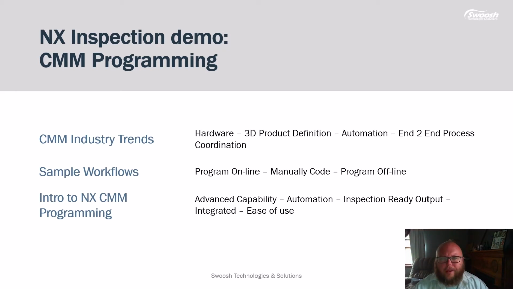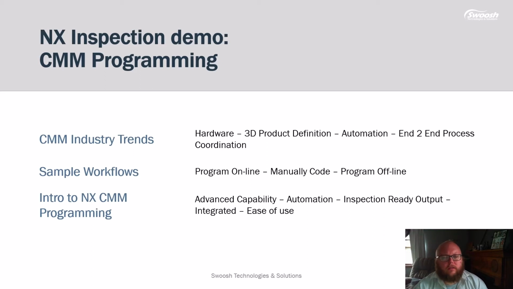So before we get hands-on and looking at how the module actually works, we just want to talk a little bit about some of the trends that are going on in industry, different hardware processes involved in organizations on a day-to-day basis.